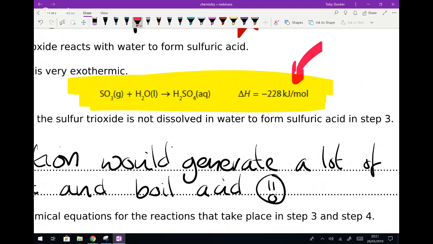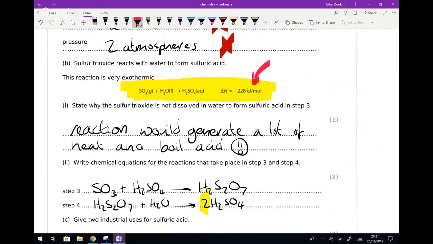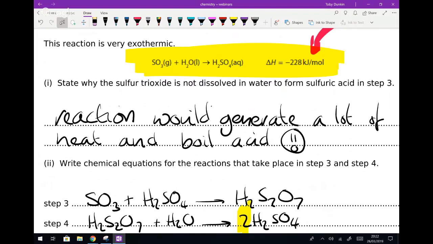That is very, very exothermic. It is going to generate a massive amount of heat and boil the acid you're going to make. You're going to make an acid which is going to dissolve everyone's face off. Not ideal in industry. So we do the steps in this 3-step process instead of 2 because it produces less heat and it's therefore less dangerous.